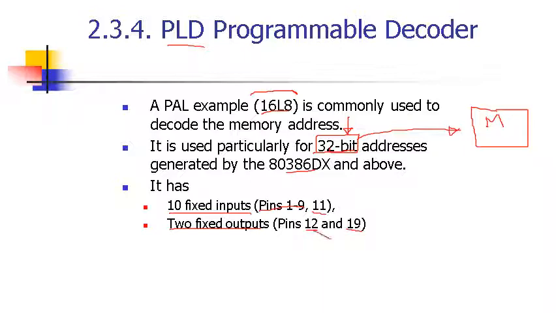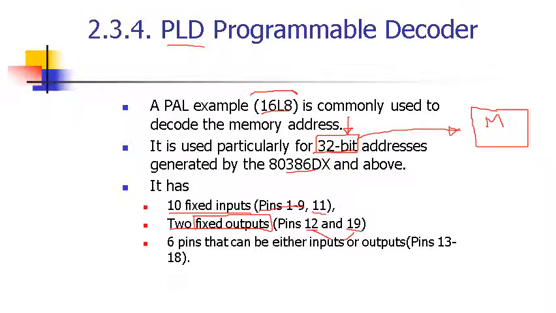So pin 12 and pin 19 are used for fixed outputs, so they cannot be used as inputs. You cannot use them to bring in data to this PLD. They are only used to get data out of your PLD.